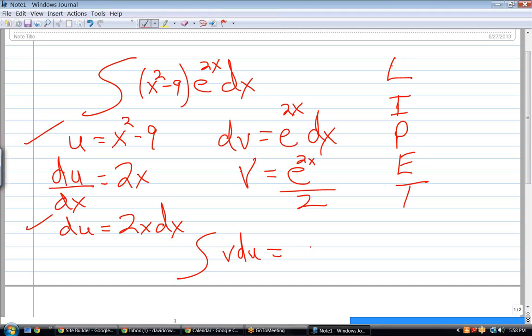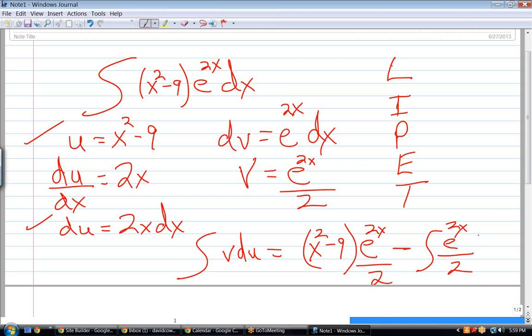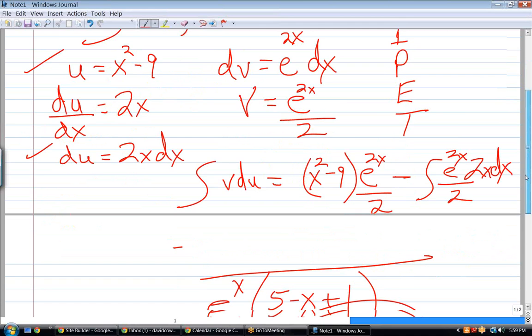That's x squared minus 9 times e to the 2x over 2 minus the integral of e to the 2x over 2 times 2x dx. Okay. So what is that integral?